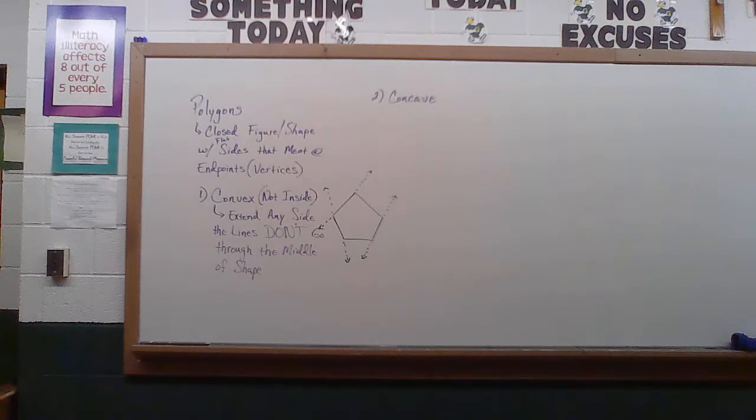But notice this arrow one, right? If I did this arrow one, and I drew the line here, see how when I extended that line, it went into the inside of the figure? That's what makes it concave.